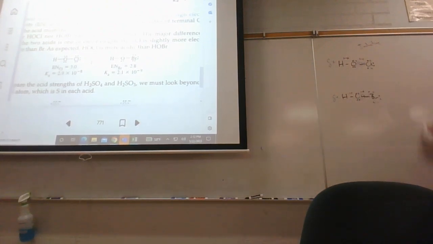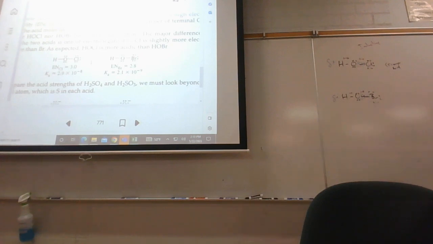In terms of base strength, okay, if we pluck off the proton, then we're left with this base, which is hypochlorite ion, versus this base, which is hypobromite. So this is more polar, therefore this should be the stronger acid.